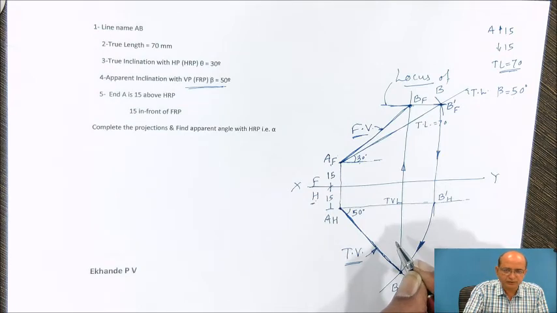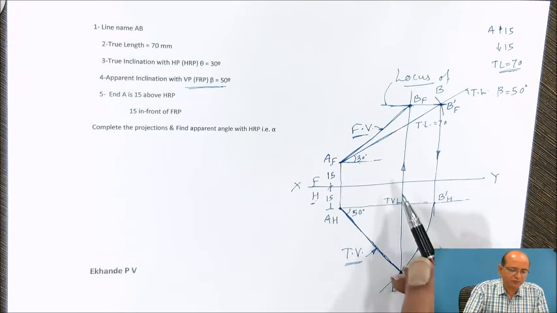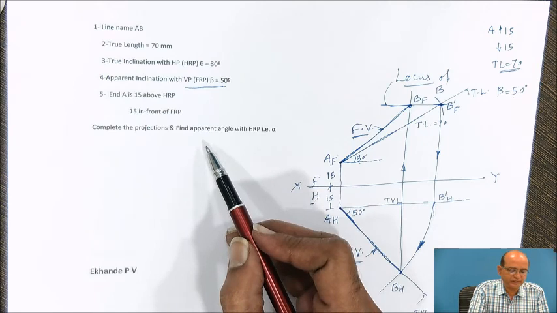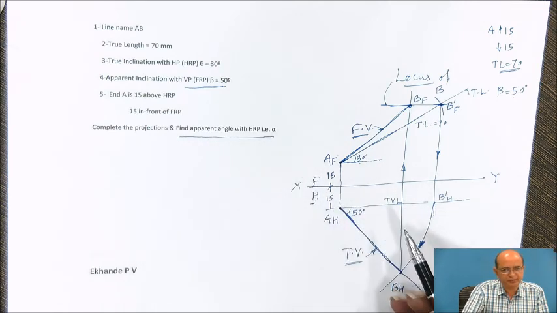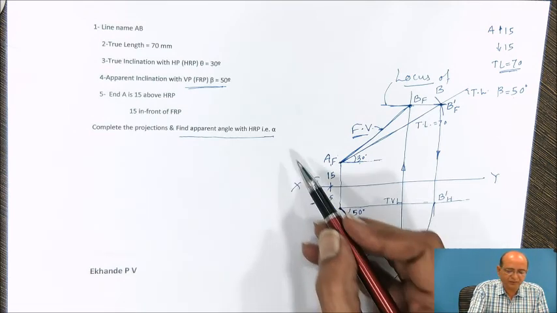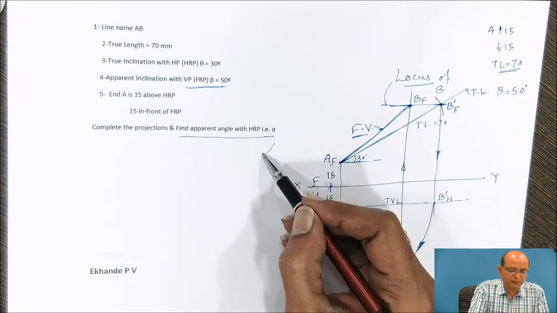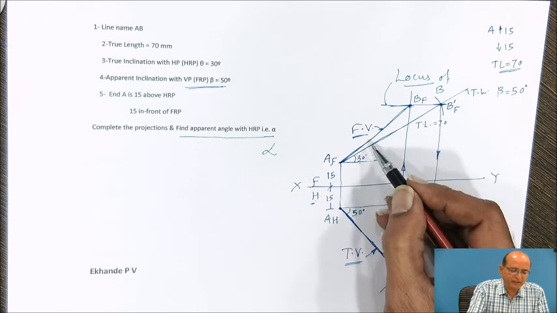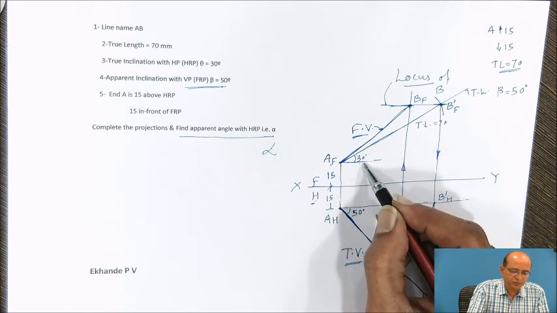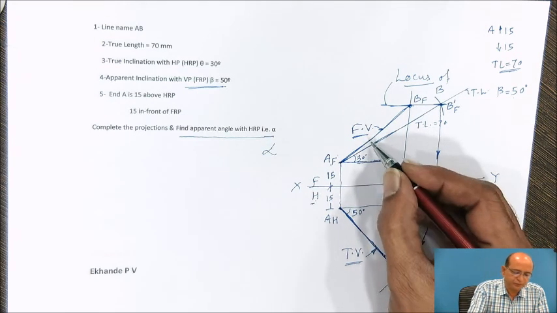Okay. Now the next part of the question is to find the apparent angle with HRP. Apparent angle with HRP means the angle alpha that is to be obtained over here, means the angle of the front view with HRP.